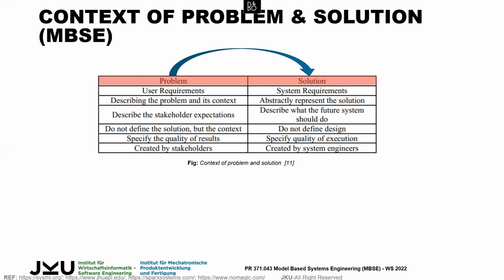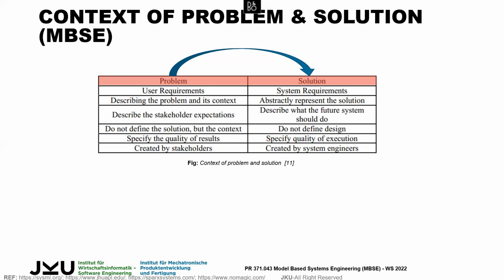And in the solution domain, do not define the design. Specify the quality of result based on which you're going to justify your system. Then specify quality of execution, so how you're going to execute those evaluations.